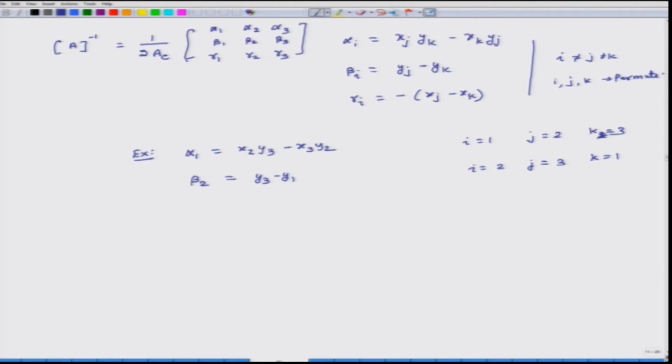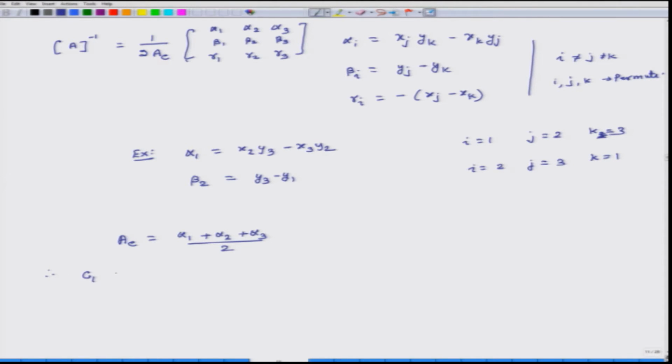So, understood how we calculate? Using this formula I can calculate alpha 1, alpha 2, alpha 3 and all other betas, and AE equals alpha 1 plus alpha 2 plus alpha 3 divided by 2.